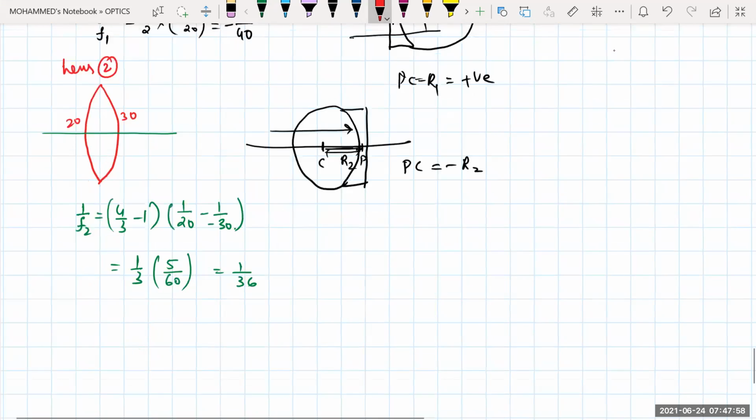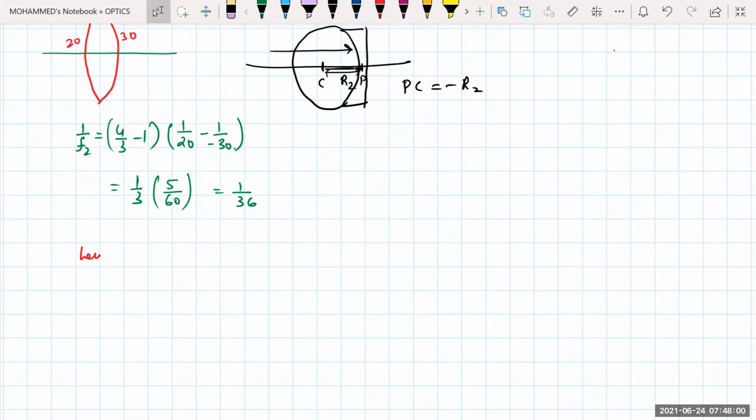If I'm talking about lens 3, you can tell me the answer. This is your plane surface, refractive index 3 by 2 minus 1, sign convention. So here R1 is minus 30.